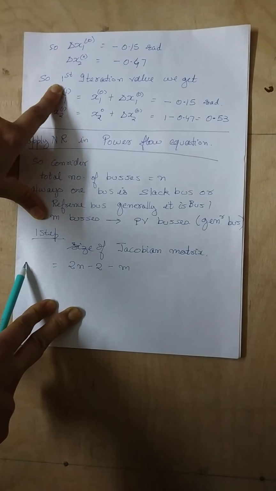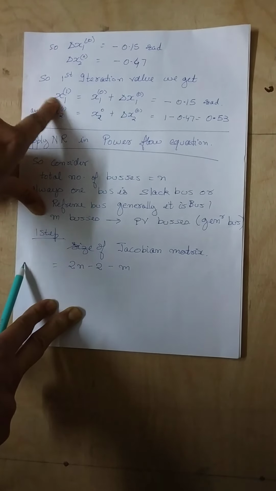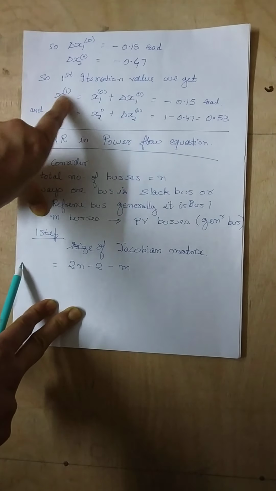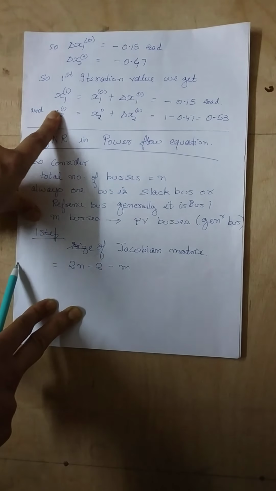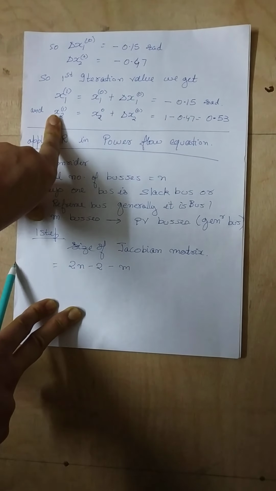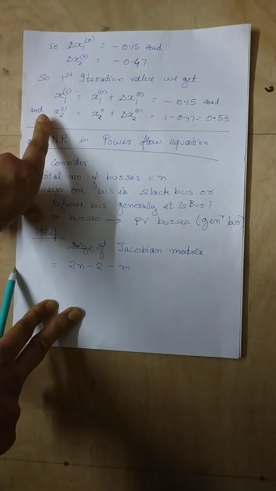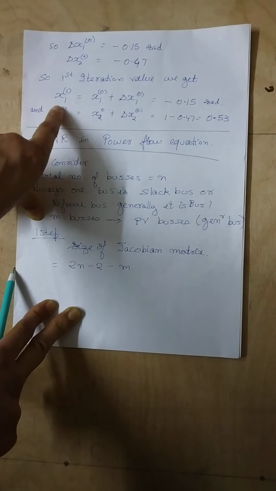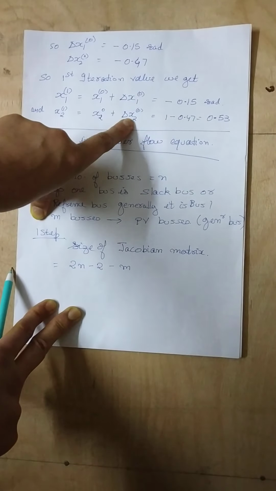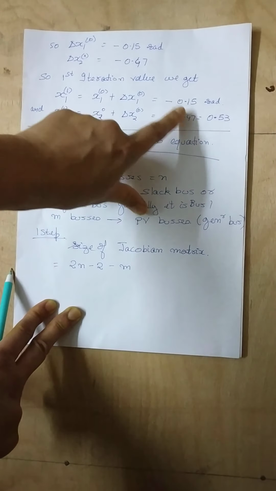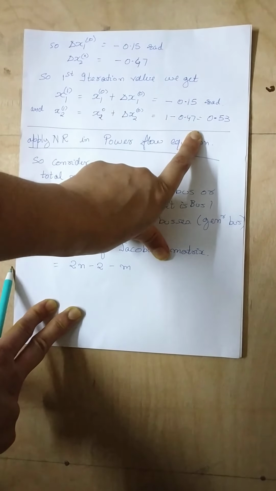What is my x1 after first iteration? This is my x1 variable after the first iteration, and it is the initial value plus the correction value. Okay, this is the method to find the iterative values in Newton-Raphson. Similarly, x2 is my second variable. The second variable's first iteration value is the initial value plus the correction value. So I got my first iterative values as this.